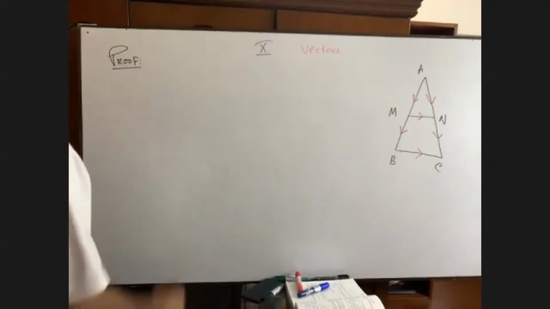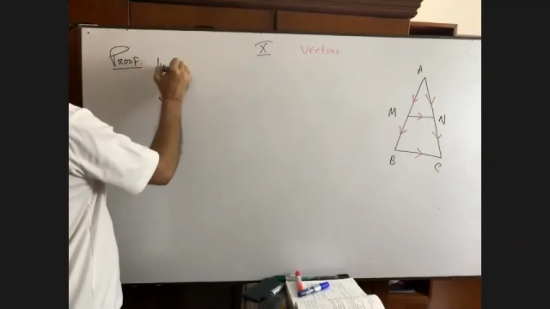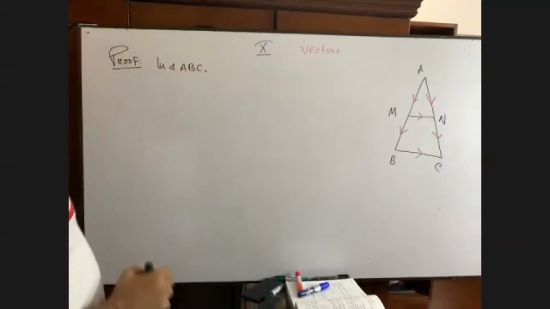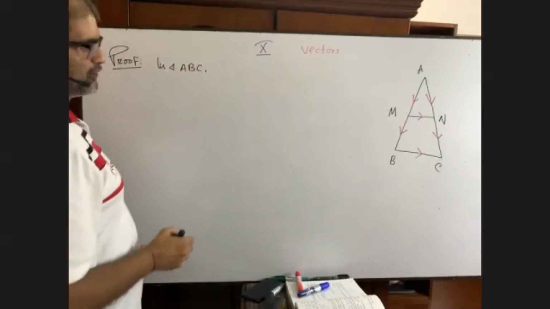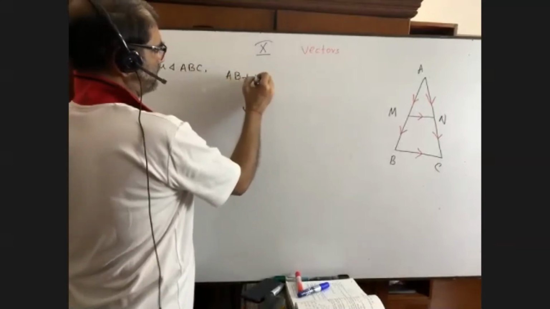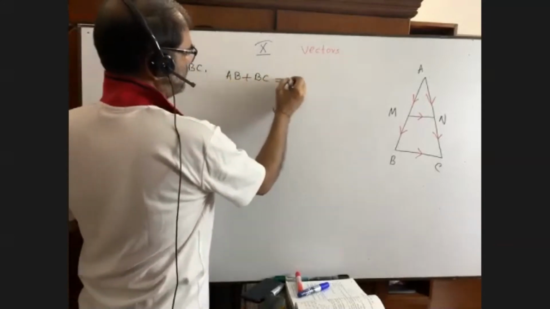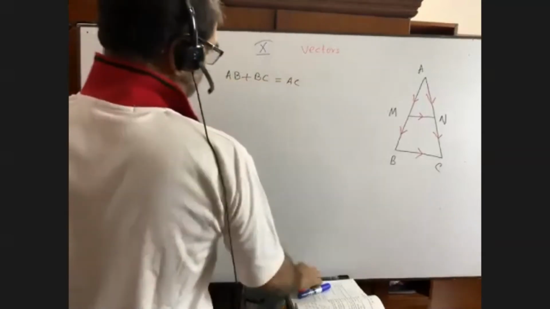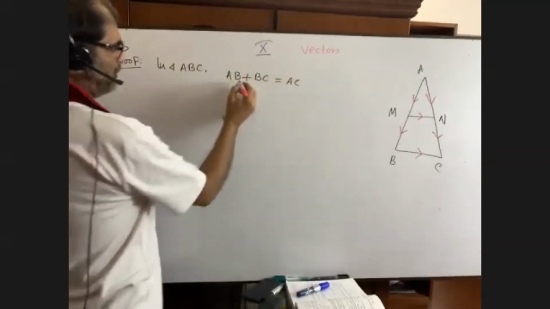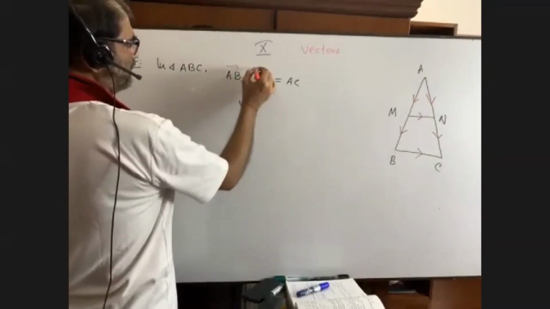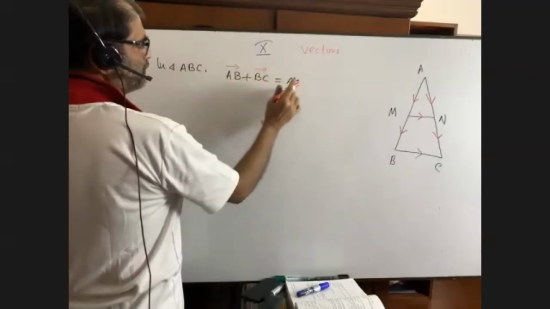In triangle ABC, we want to apply the triangular addition of vectors. That is AB plus BC equals, B will be omitted, so we will be left with AC.